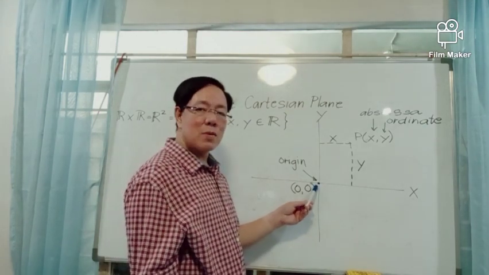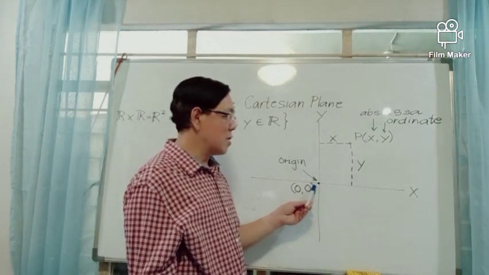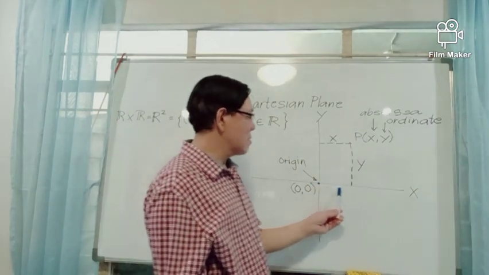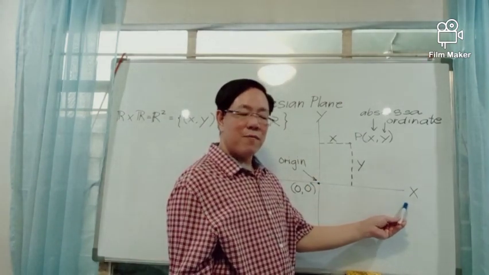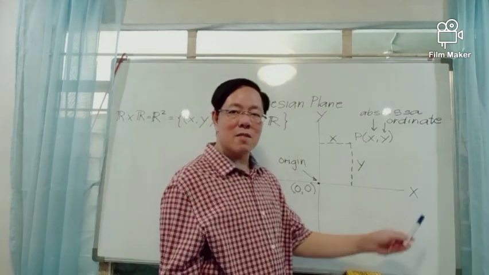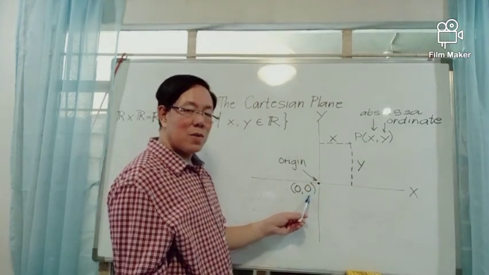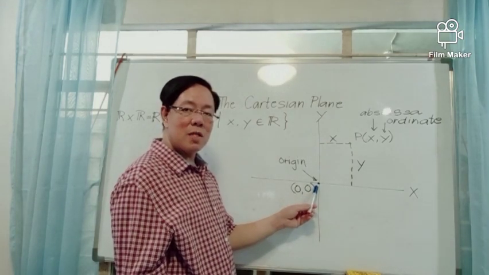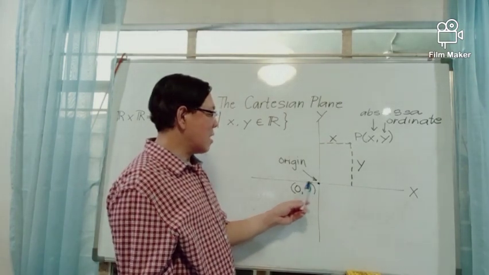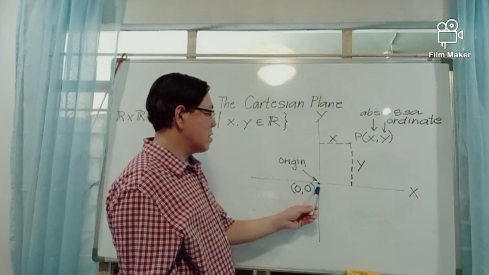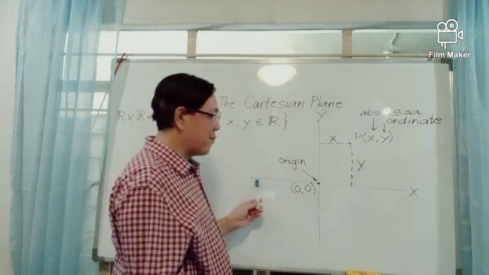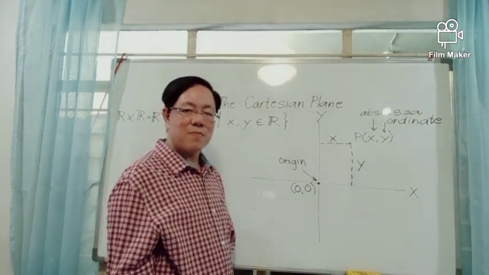And with reference to the origin, the numbers to the right of the origin on the x-axis are positive real numbers. And also with reference to the origin, the numbers on the x-axis that are to the left of the origin are negative.